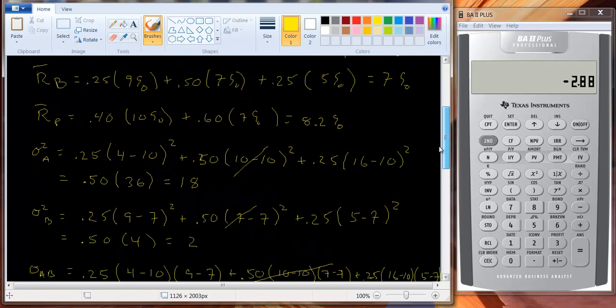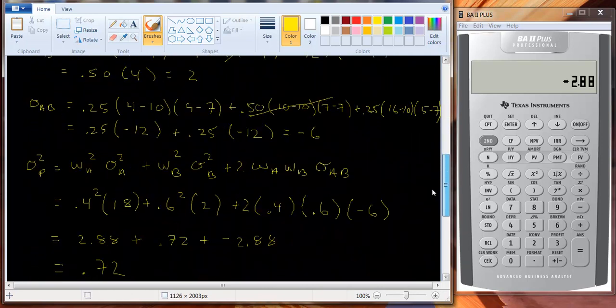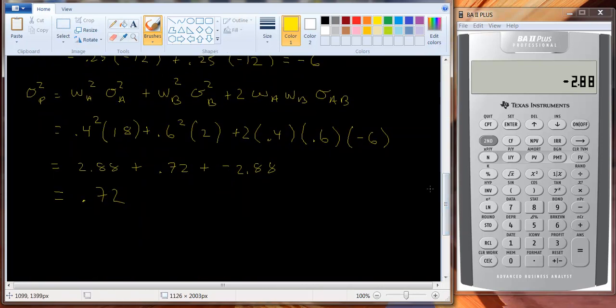Let's work out the correlation coefficient as long as I did that. Okay, the correlation coefficient between A and B is equal to the covariance of A and B over the standard deviation of A times the standard deviation of B. I should have put sigma AB, that's what I've been using.